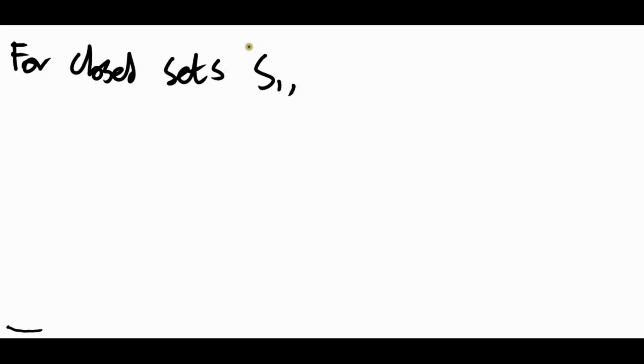So let's suppose we've got some closed sets. And since we've only got a finite number of them, we can index them S1, S2, all the way up to Sn.